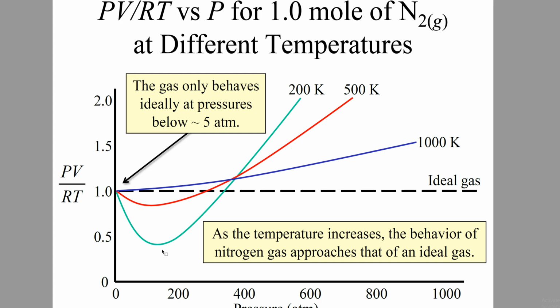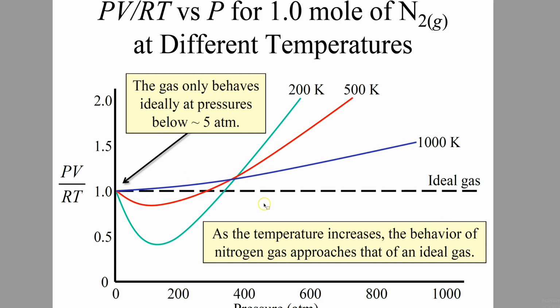So here's an example of also the PV/RT and how it changes depending on the temperature. So if I increase the temperature of any substance, you can kind of see that it's going to be changing from the ideal the moment I begin to increase that temperature.